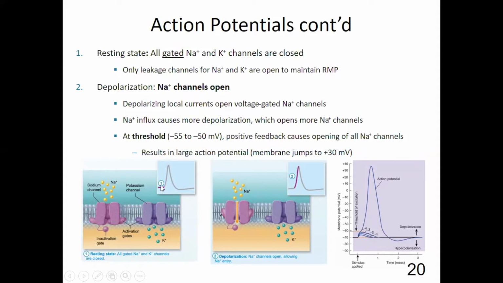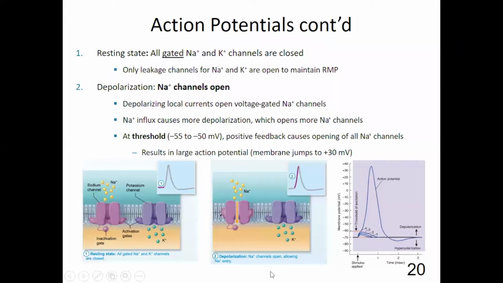At rest, all gated sodium and potassium channels are closed. The only channels that are open are the leakage channels. And remember, those leakage channels are what's helping maintain the resting membrane potential.